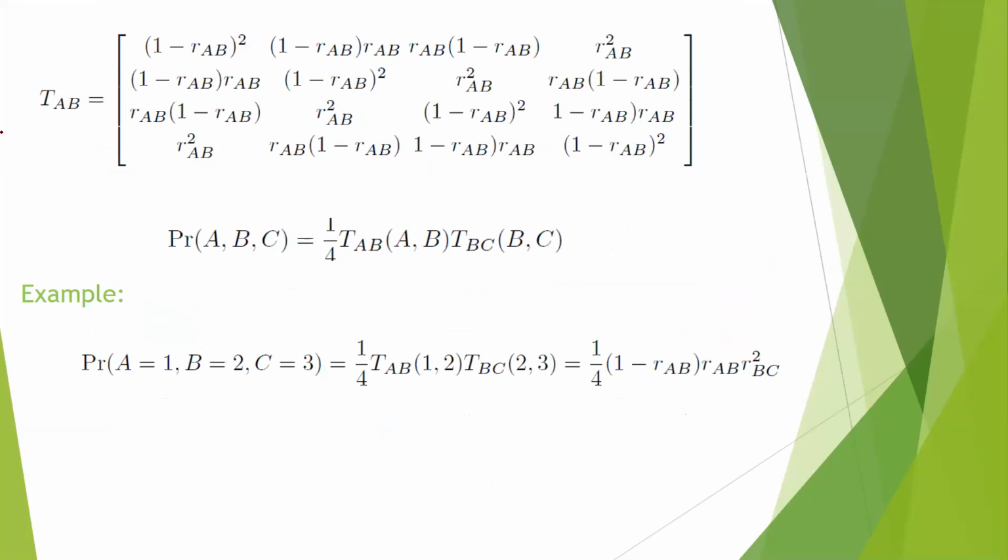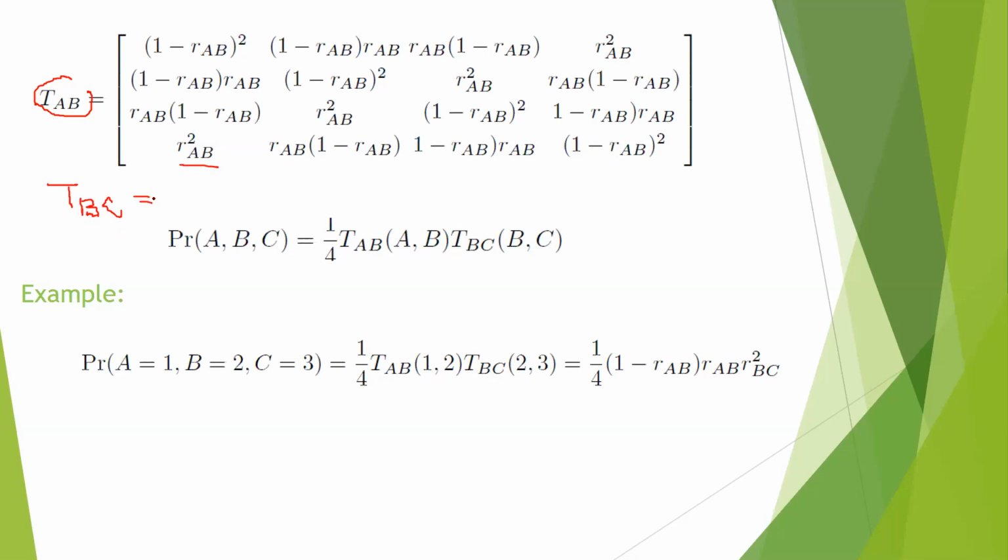All right. So now we have the transition matrix AB here. If we want to construct a transition matrix for BC, it's almost identical, but you have to replace the RAB by the RBC here.